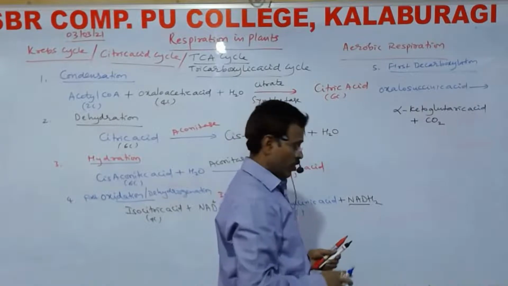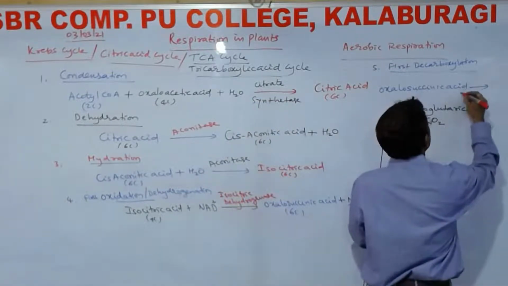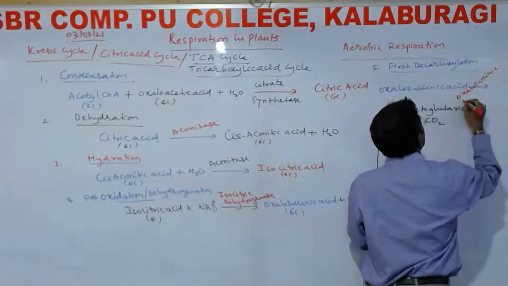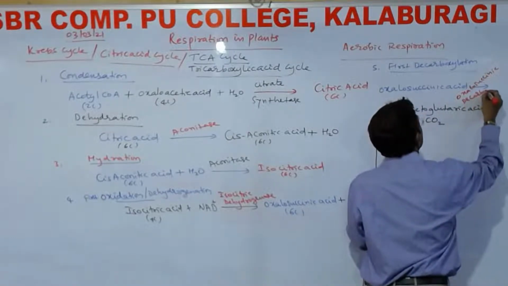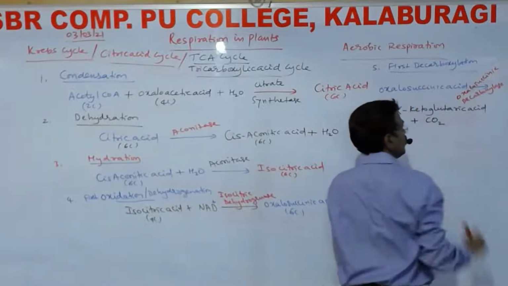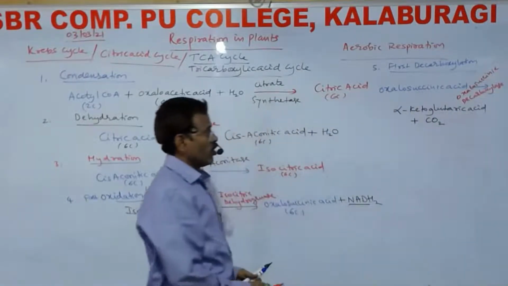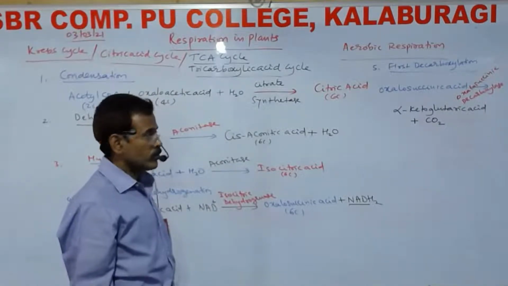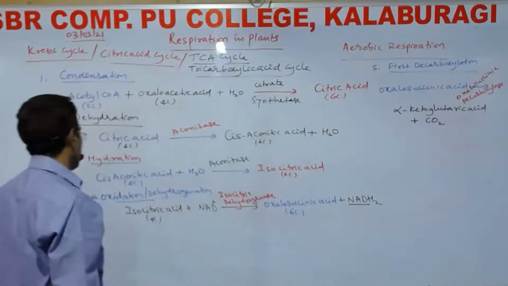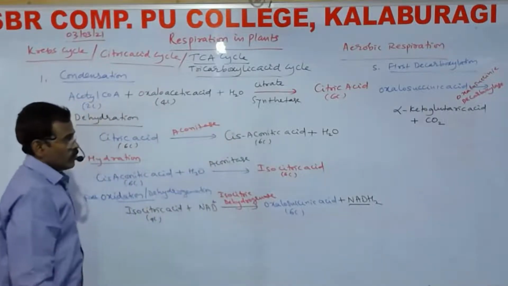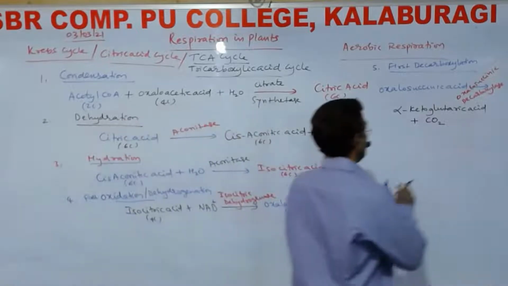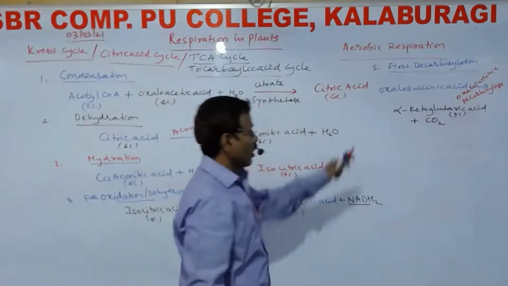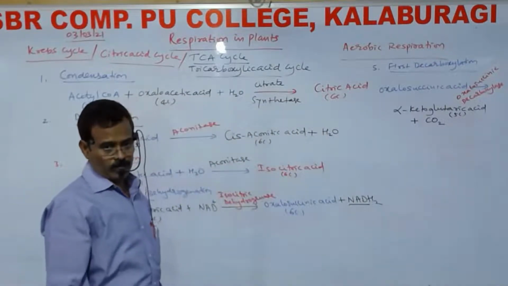This reaction is catalyzed by oxalosuccinic decarboxylase enzyme. So this is the fifth step, where we got 5 carbon compound alpha ketoglutarate acid. 1 carbon dioxide is liberated.